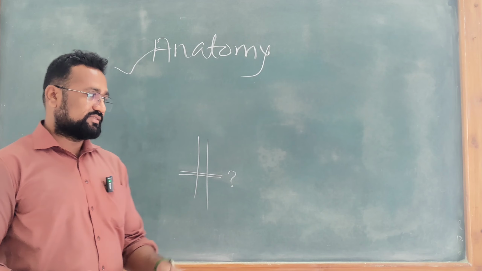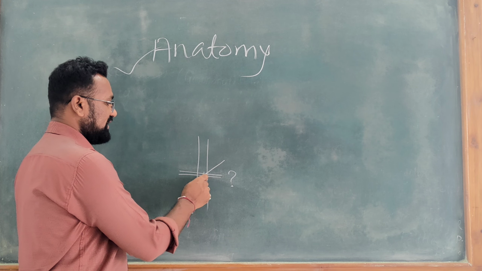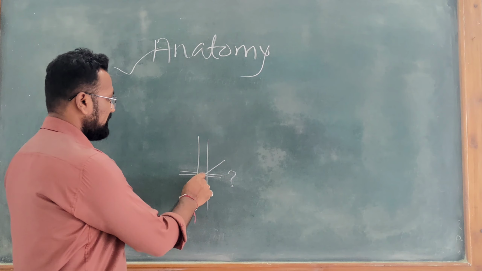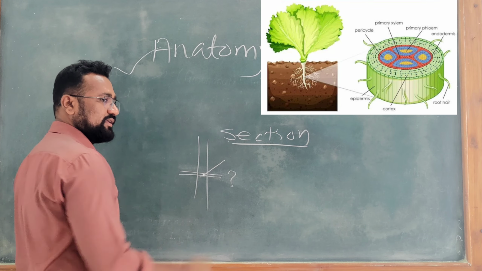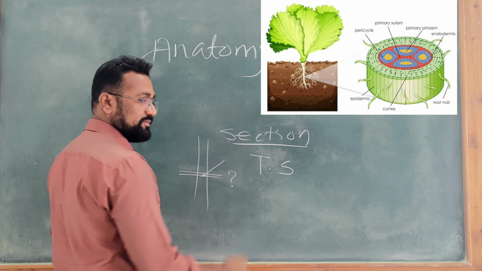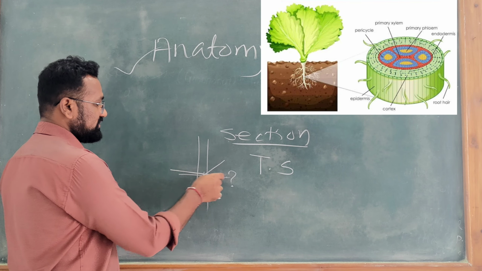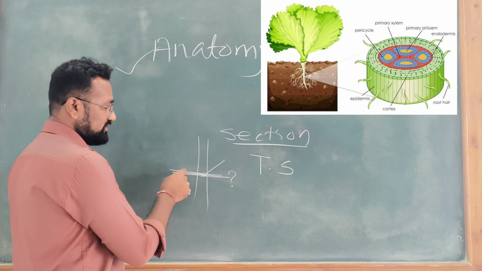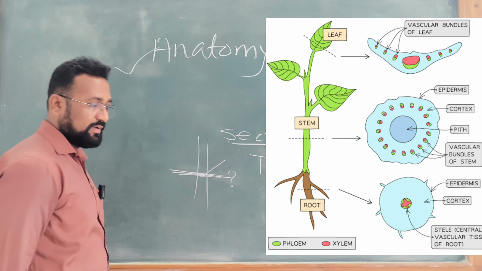But in the case of plants, if you want to find out what is present inside, you have to perform a section study. The sections are of various types, for example the transverse section, where we make a perpendicular section of the plant. The section should be very thin so that it can be observed in a microscope.